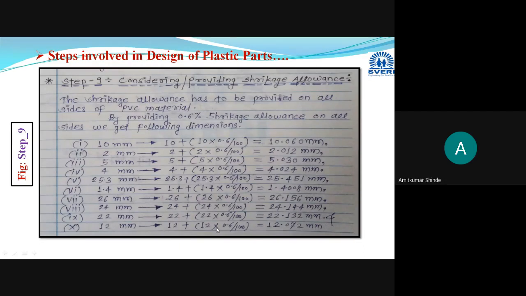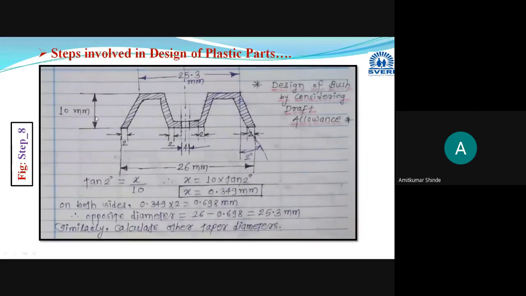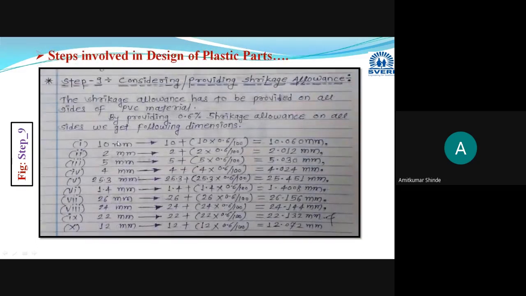All dimensions are modified: this 10 millimeter, 2 millimeter, this 26 millimeter, 25.3 millimeter, then from this point to this point center, this 4 millimeter, 2 millimeter. All dimensions are provided with the shrinkage allowance. This is our final stage, and in this way we have designed the bush with the boss.